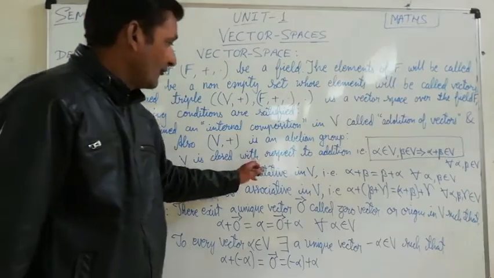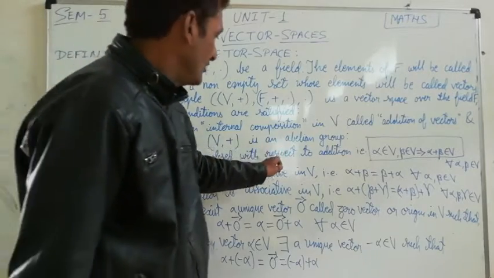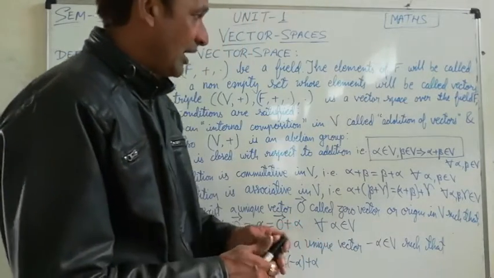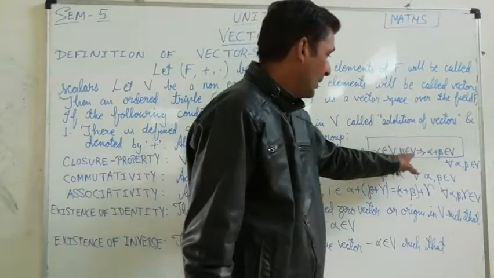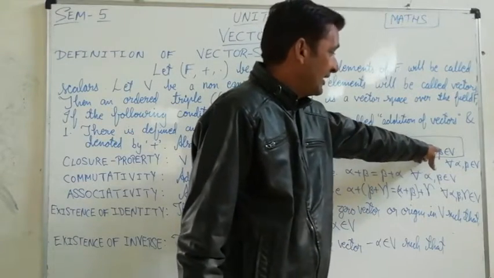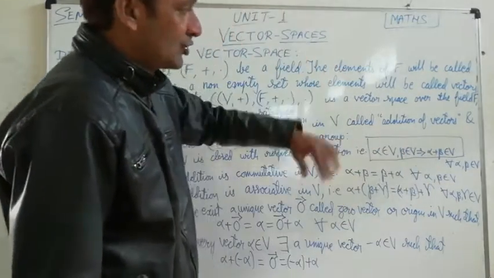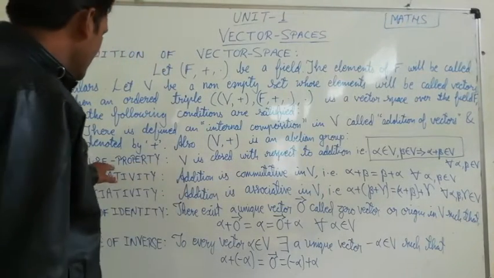Means we can say that V is closed with respect to addition. If alpha and beta both are elements of V, then alpha plus beta should also be an element of V. This is the closure property.